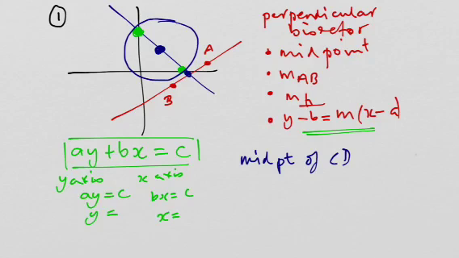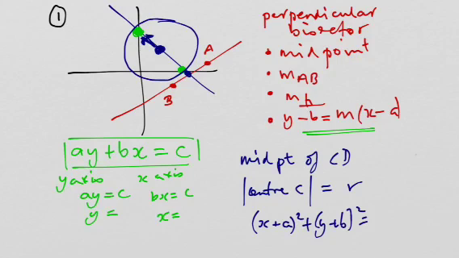Then we need to work out the radius, which is the distance from that midpoint to one of the points on the edges. So let's say we work out the distance from the centre to point C. That tells you what the radius is, and then you can plug all of that into your (x plus a) all squared plus (y plus b) all squared equals r squared formula.